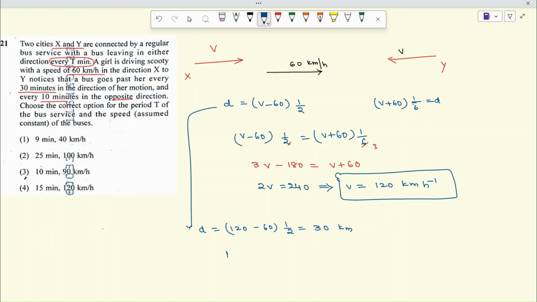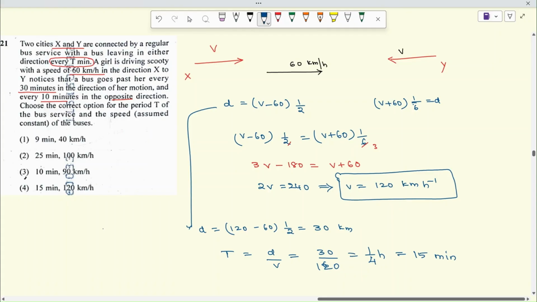Now the time period between the buses is d by velocity, which is 30 by velocity 120, which is 1 by 4 hours, or since the options are given in minutes, 15 minutes. So this is the answer, option 4.